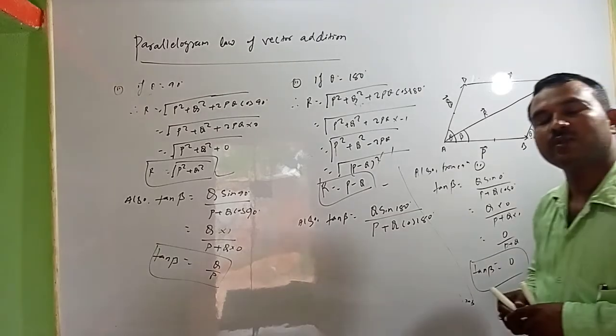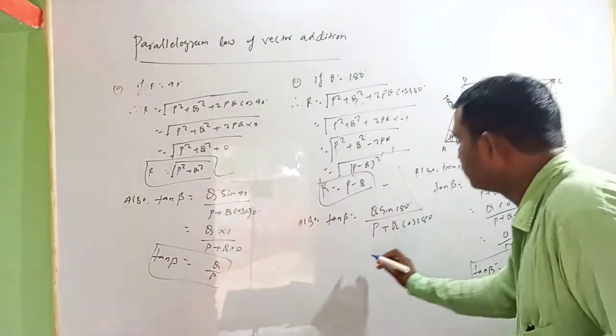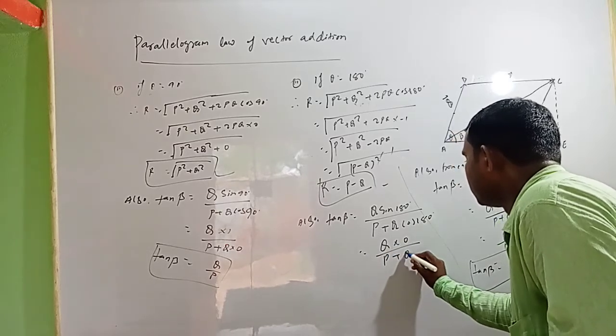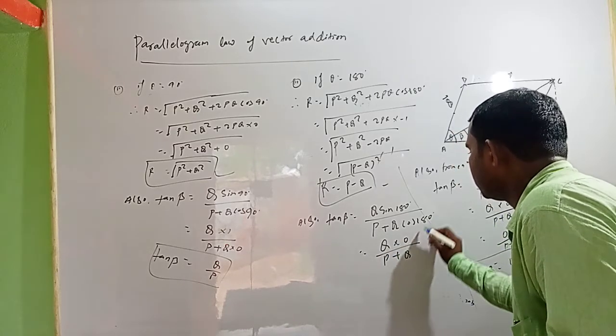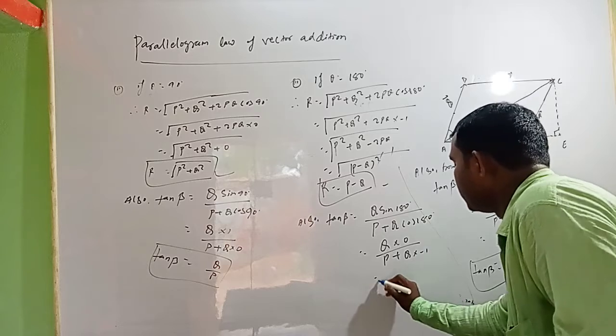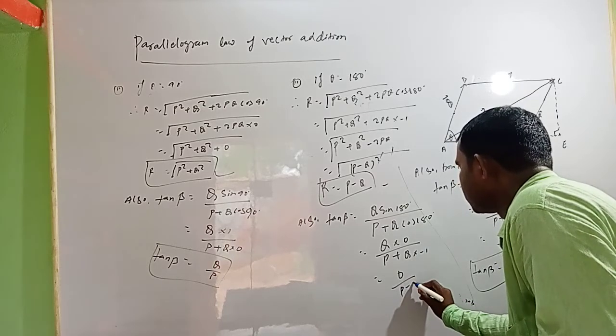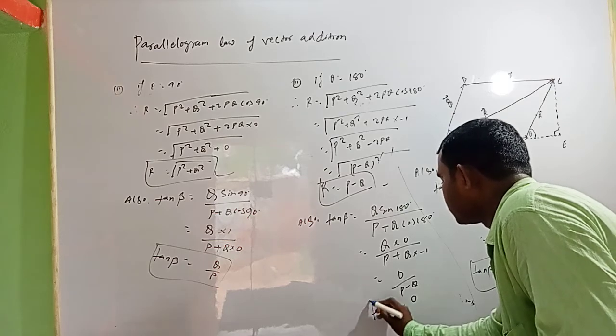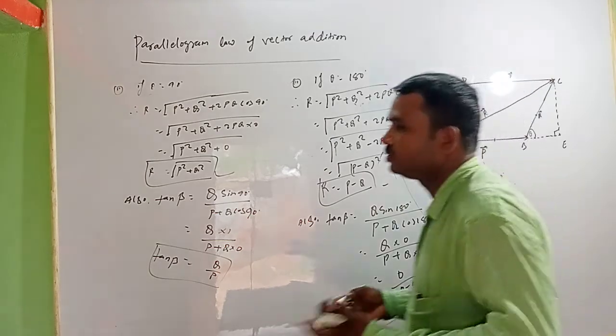What is the value of sine 180? 0. Very good. It means q into 0 divided by p plus q times cos 180, which is minus 1. It means 0 by p minus q, which is 0. So tan beta is equal to 0.